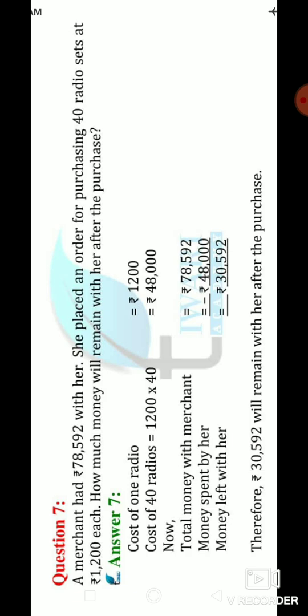How much money will remain with her after the purchase?